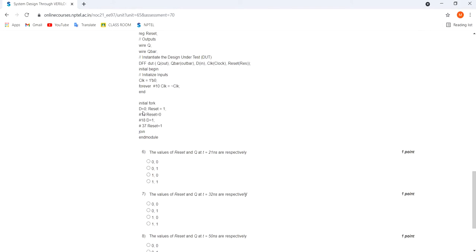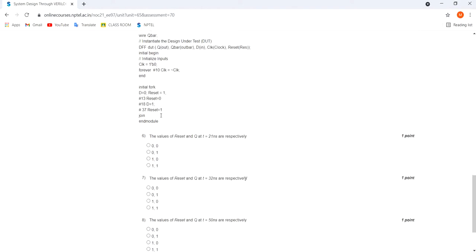Initially D is equal to 0 and reset is equal to 1. For reset equal to 1, the output will be 0. We know that. After 13 nanoseconds, reset will be 0. After 13 nanoseconds only reset changes; D doesn't change here, so we have taken D as 0.